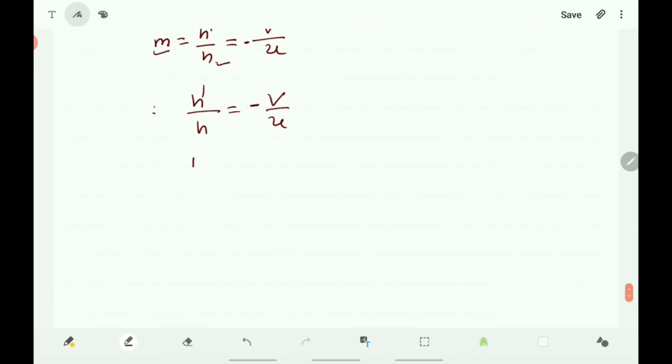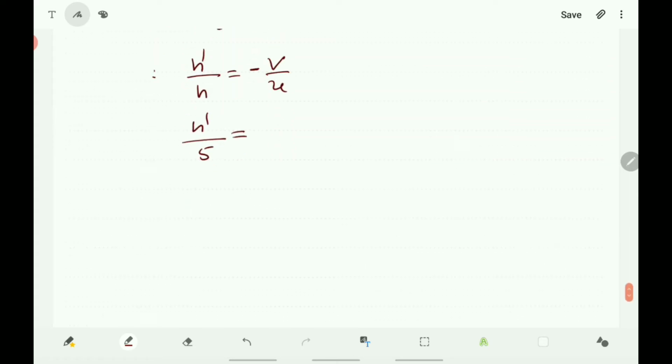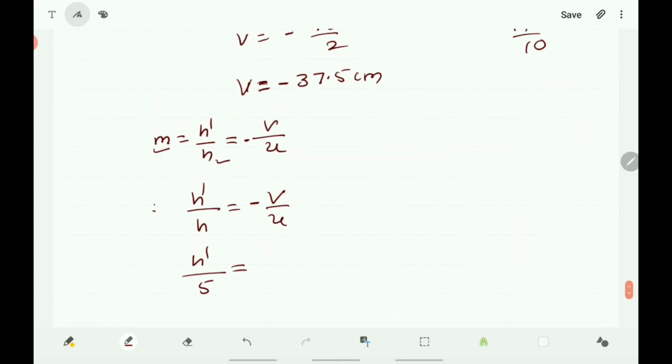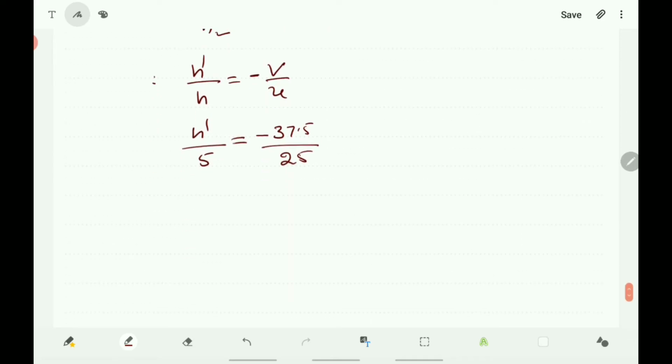The size of the object is 5 centimeter, v is the image distance, that is minus 37.5, u is the object distance, that is minus 25.